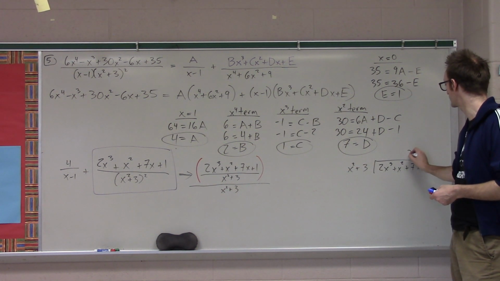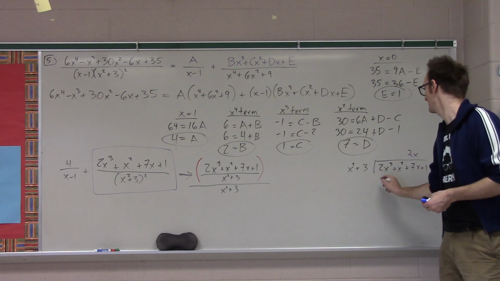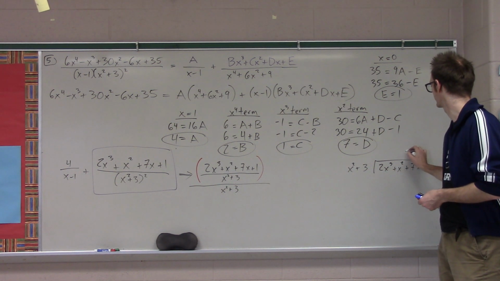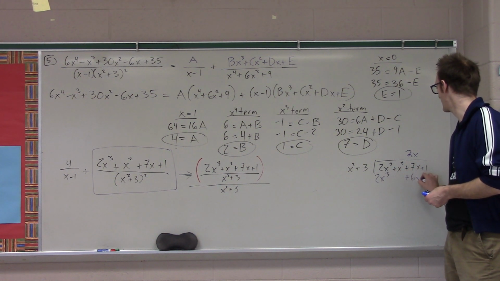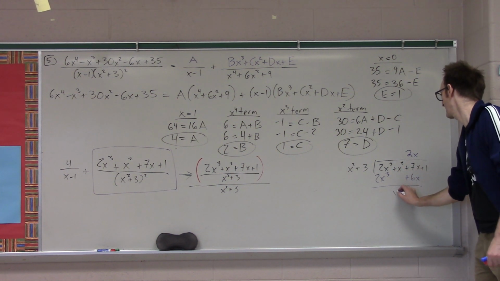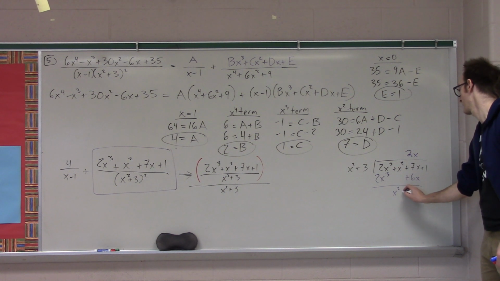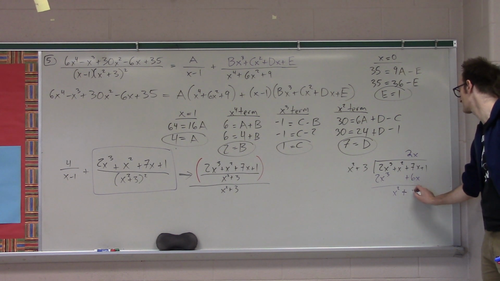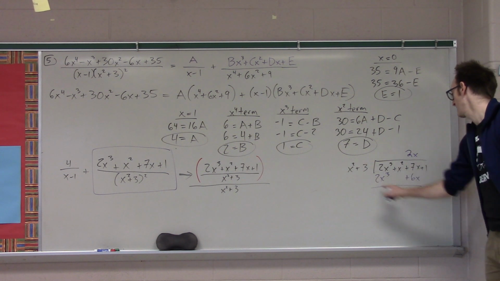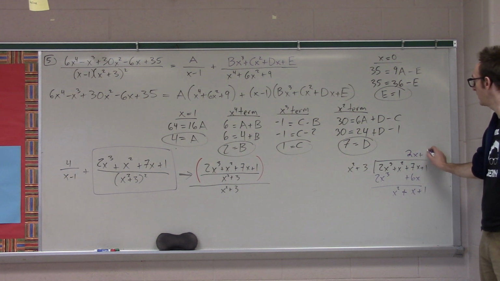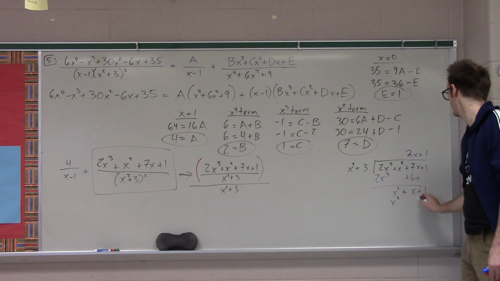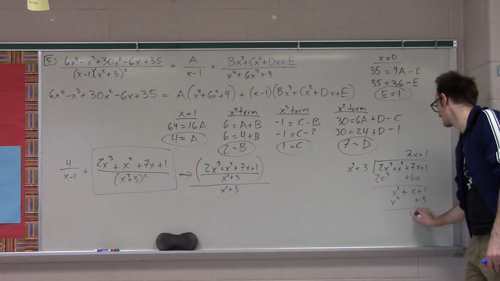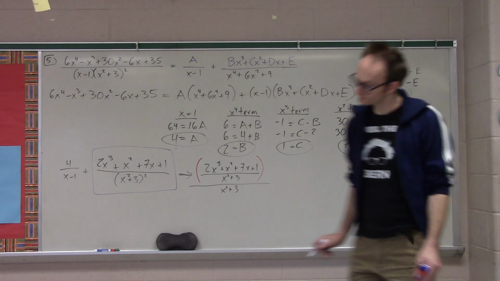I guess it will be 2x, and then I get 2x cubed plus 6x, and we end up with x squared plus x plus 1, and that goes in once, and so we get x squared plus 3, and so that's just x minus 2.